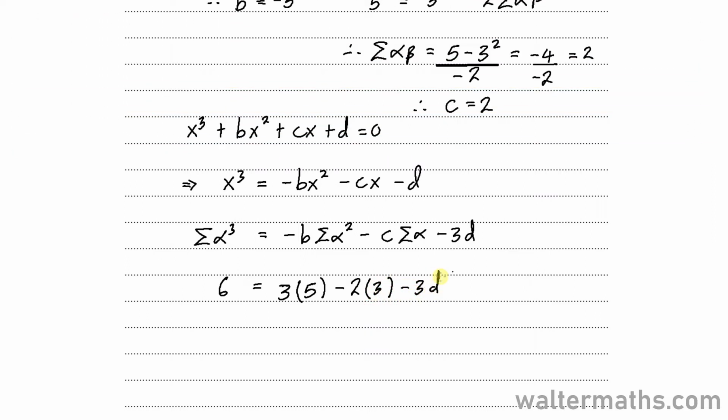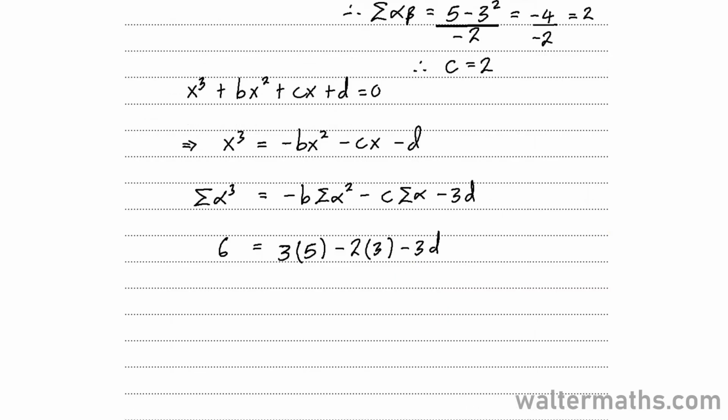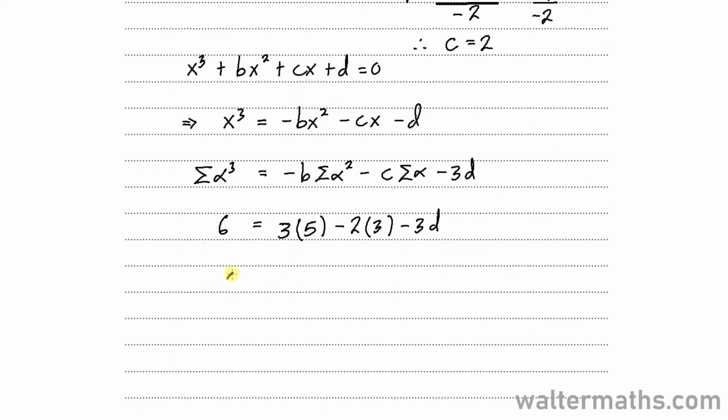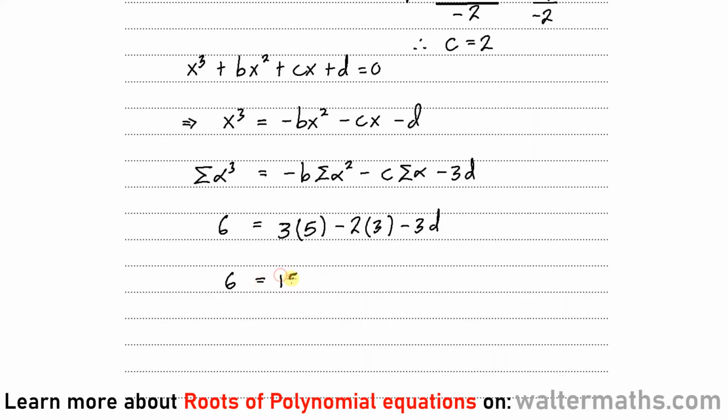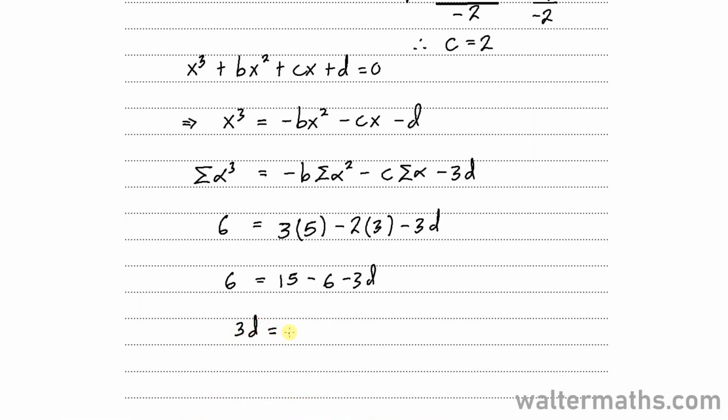So we can actually work out for d. We'll be saying here that 6 is equal to 15 minus 6 minus 3d. So therefore we'll be having 3d being equal to 15 minus 6 minus 6, so that'll be 3. So therefore, we get d coming out as 1.